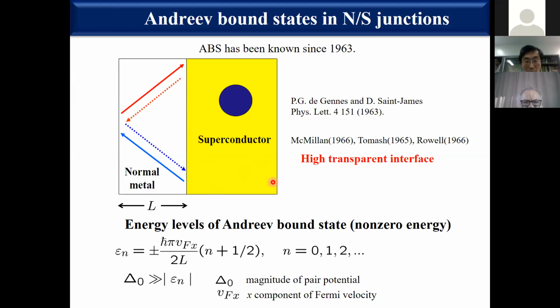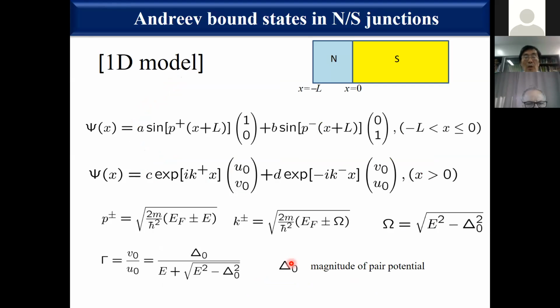So how to understand this Andreev bound state? It's a good exercise, so I'd like to show it from now. Let's consider a one-dimensional model. The key point is that in the normal metal region, the wave function should disappear at x equals minus L, since it's attached to vacuum. So the wave function can be written like that, with the electron part and hole part.